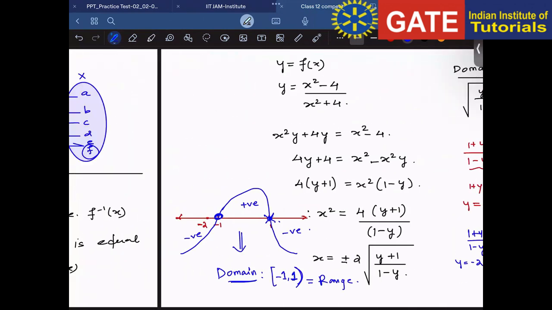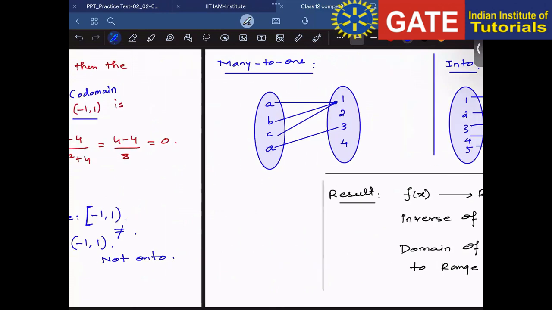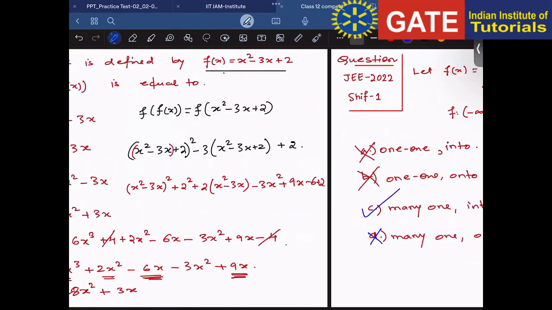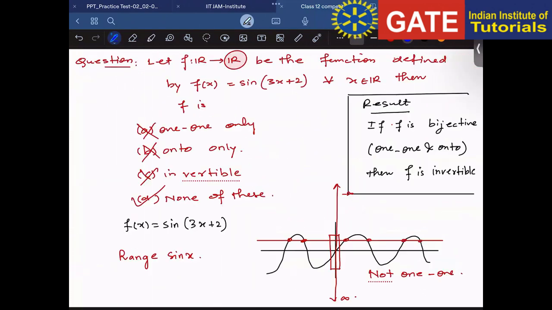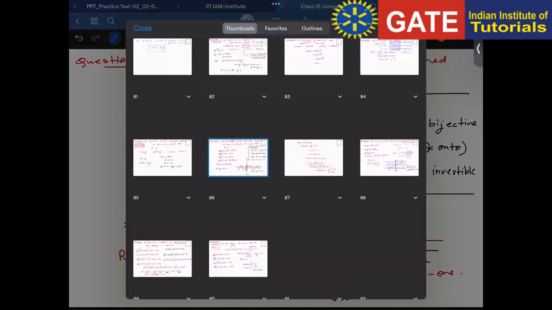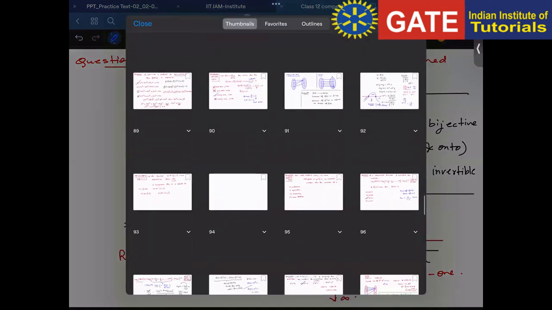If f is bijective, one-one and onto, then f is invertible. So if f is bijective, one-one and onto, then the function becomes invertible. Correct, no? So these are the two important conditions for the function to be invertible.